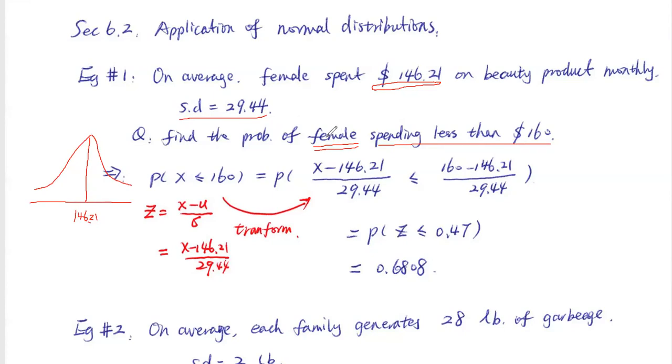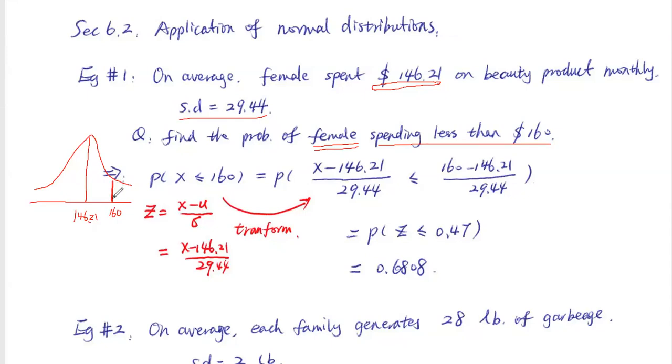Now, they are asking about any female spending less than $160. So where's 160? Let's say somewhere here. Based on the information we are asking, tell me, are they asking for the probability to the left, to the right, or in the middle?